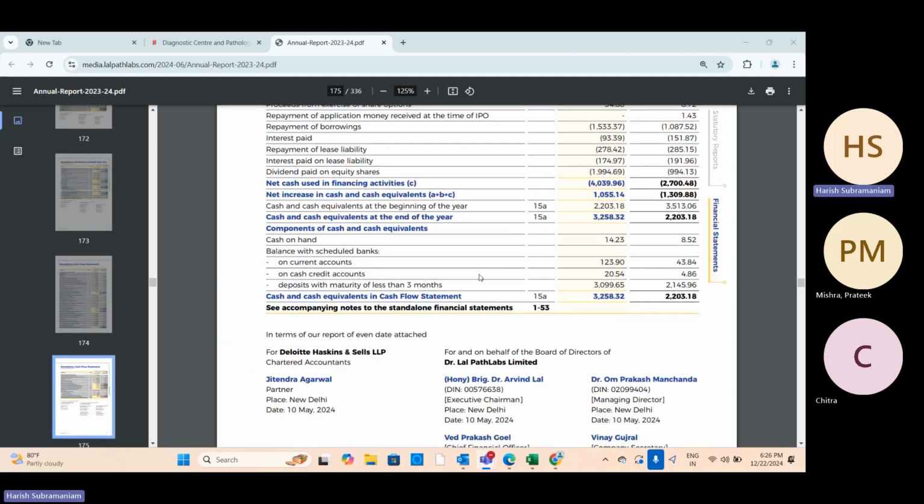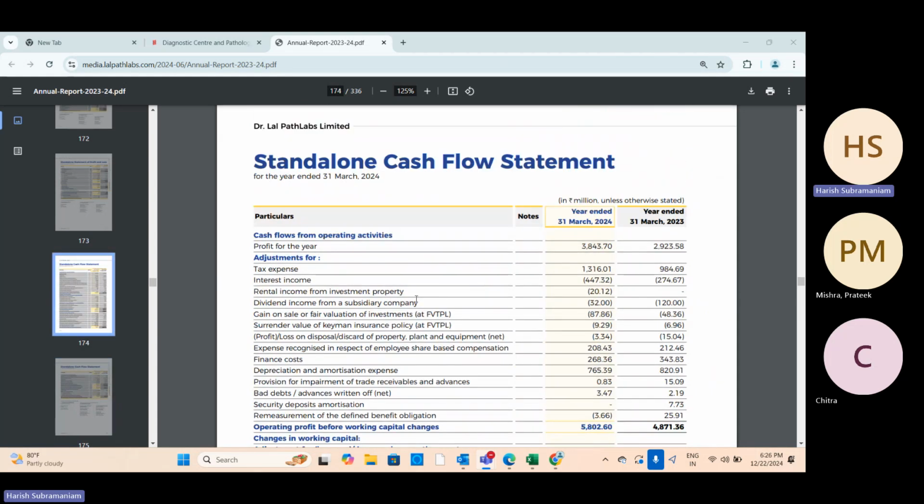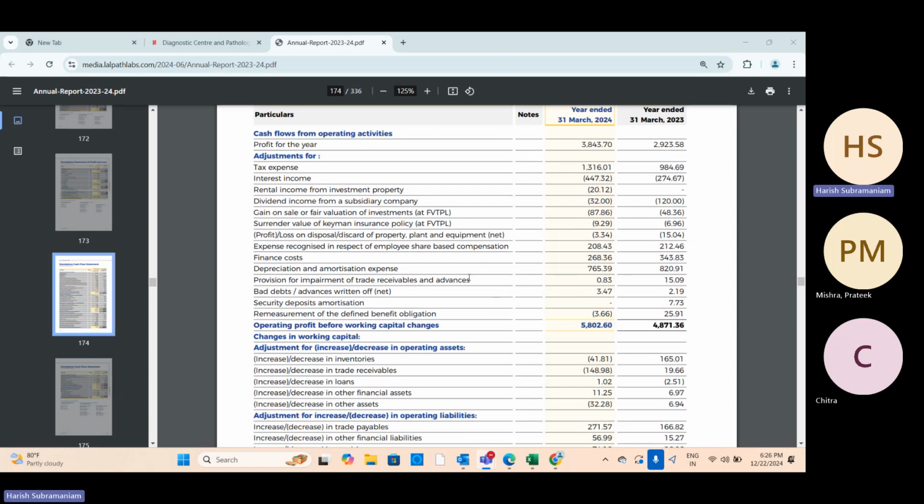You can see that this cash flow statement is basically more complex. There are many more provisions. We looked at a simple example, but there are many factors. They start with the profit for the year. So they are using the indirect method. And then they are basically adding or removing expenses based on whether the cash is an inflow or an outflow.